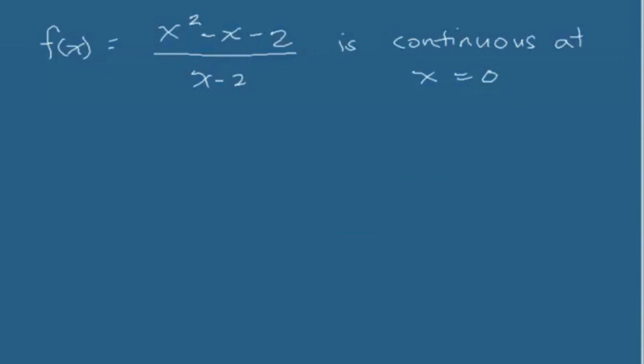Let's find out if f of x equals x squared minus x minus 2 over x minus 2 is continuous at x equals 0.